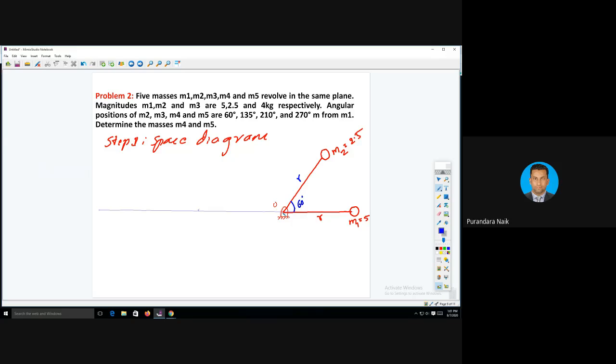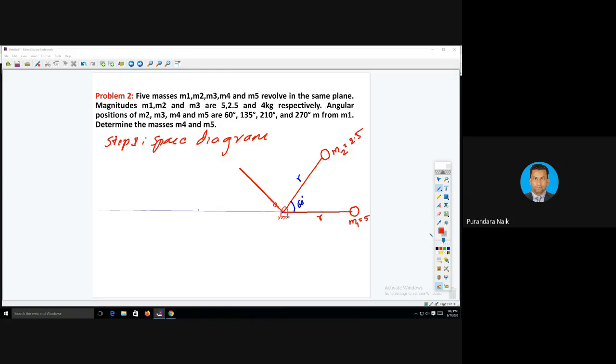Measure the angle by protractor. So this is 135.